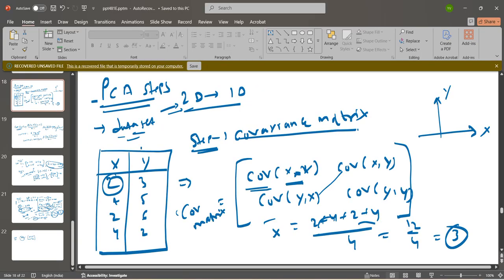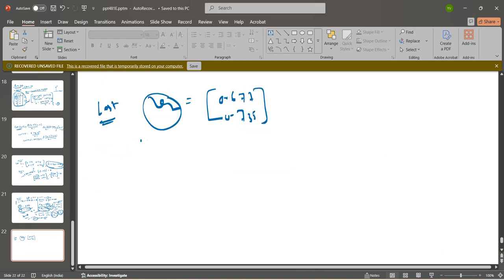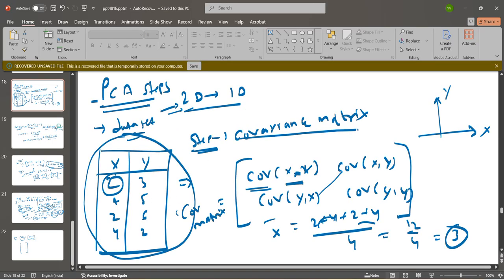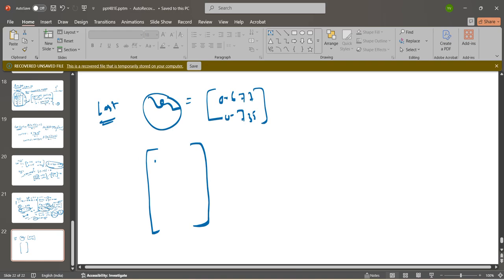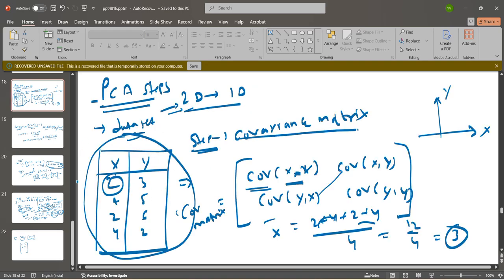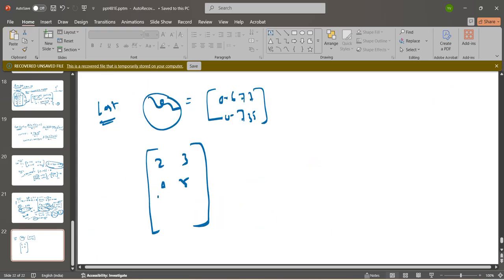So you remember that these are the data points, right? 2, 3, 4, 5, 2, 6, 4, 2. So you have to take this data xy as a form of vector. So what are the points? 2, 3, 4, 5, and then 2, 6, 4, 2.